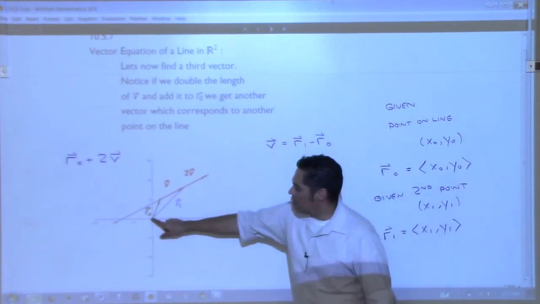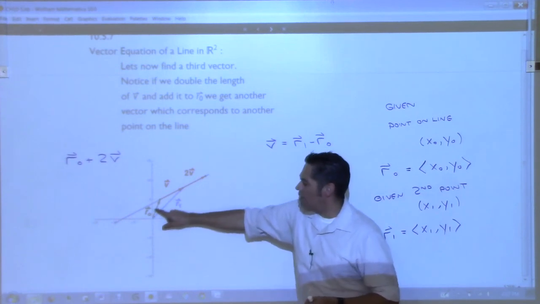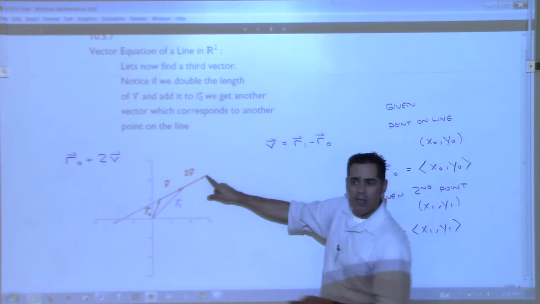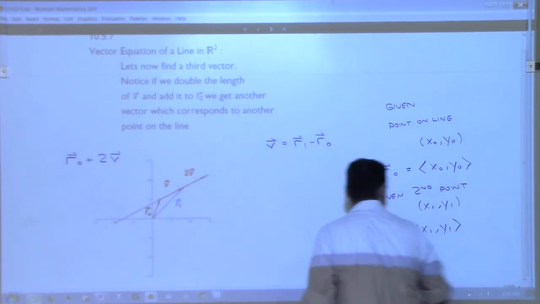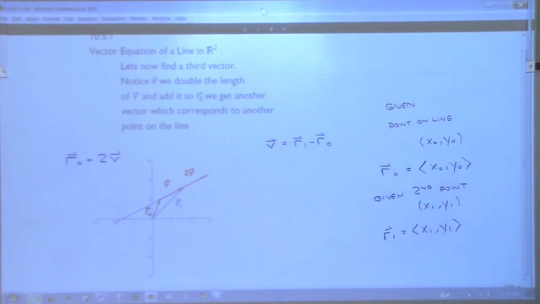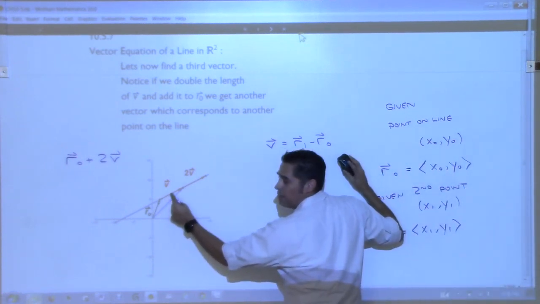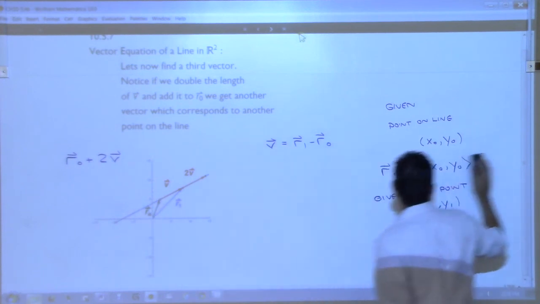If you start here at the origin and I ask you to do r naught plus 2 v's, you'd go r naught, then you'd go v, and twice v, and you would end up here, wouldn't you? So you would have a vector that goes from here to here. And then what happens if I do r naught plus 3 of those? I go farther down the line. What if I do r naught plus half of v? It would be like this and then here, right? What if I do r naught plus negative v? I'd be down that way, right?